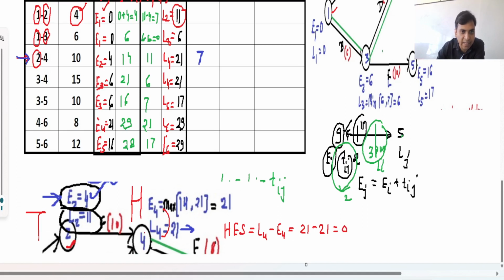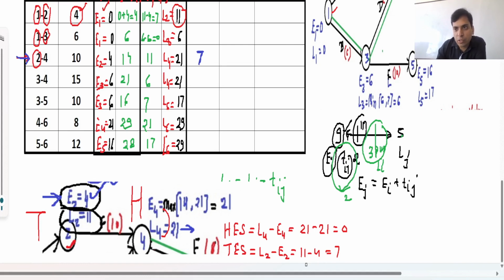This is at the head, the difference of L and E. In the same way, you can do this for the tail also. So tail event slack, TES, is L2 minus E2. So L2 minus E2 equals 11 minus 4, which equals 7. So the tail event slack for this activity 2 to 4 is 7.